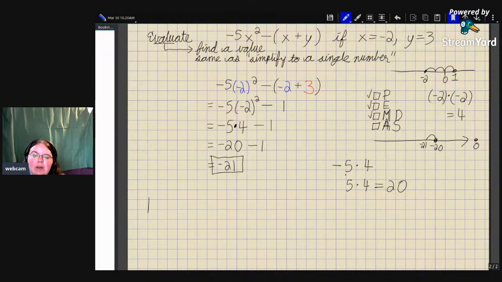And then we said, okay, negative times positive is negative, and then we used the 20. So absolute value is just what we did right here. The absolute value of -5 is just 5. So the absolute value is just if you make it positive instead of negative. And if you take the absolute value of a positive number like 4, it doesn't change anything.